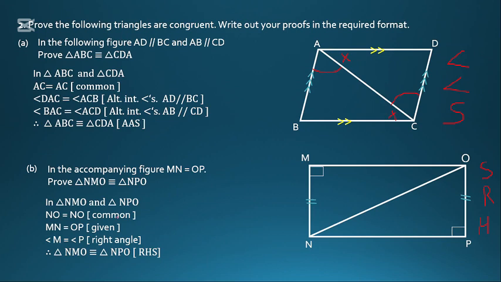Then MN is equal to OP, also given. And of course, angle M is equal to angle P, right angle, or you can even say given. For that reason, therefore, triangle NMO is congruent to triangle NPO. And this time the reason: right angle, hypotenuse, and side.